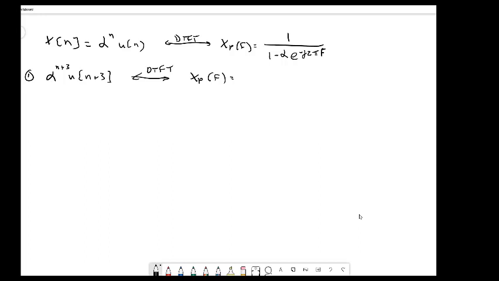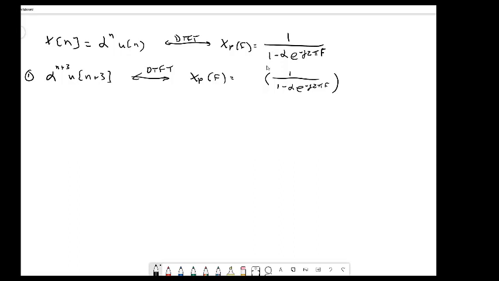According to our property, this is like an alpha to the n u of n with a shift, with a time advance by 3. And so we would start off with the alpha to the n u of n transform, 1 over 1 minus alpha e to the minus j 2 pi f.